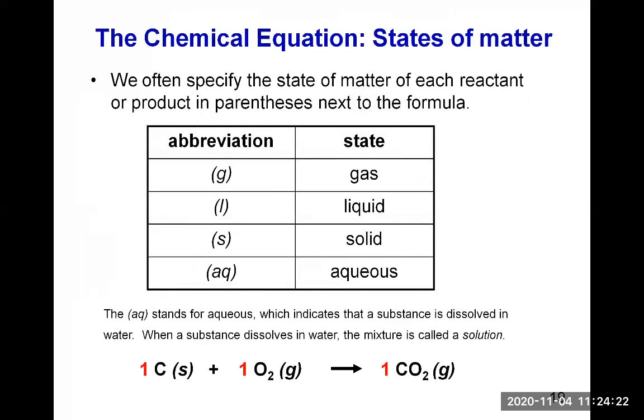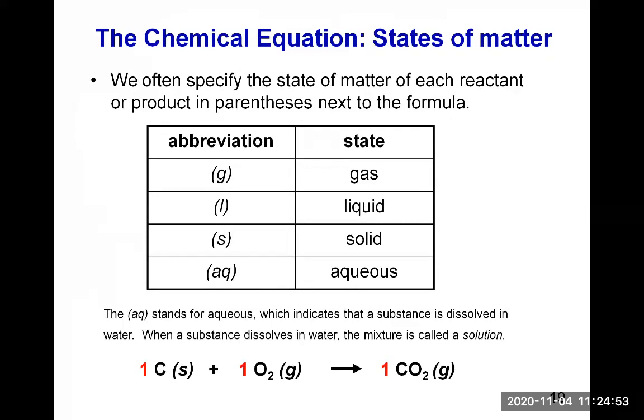So you need to specify the state of matter in the chemical equation to be complete. We often specify the state of matter of each reactant and product in parentheses next to their formula. So these are the abbreviations that are used for the different states. G is for gas, L for liquid, S for solid, and AQ for aqueous.